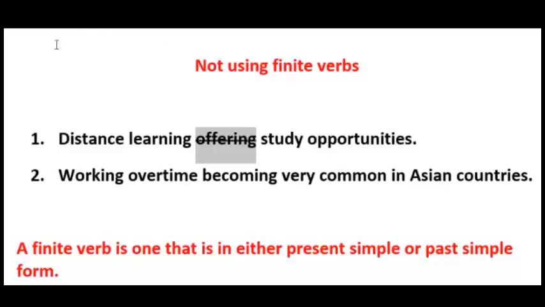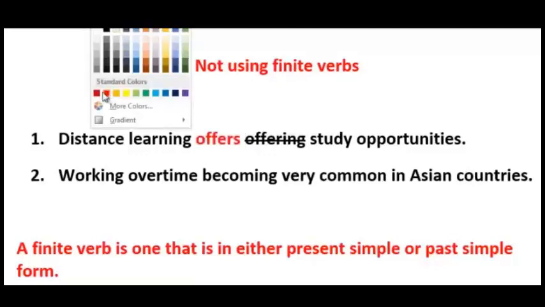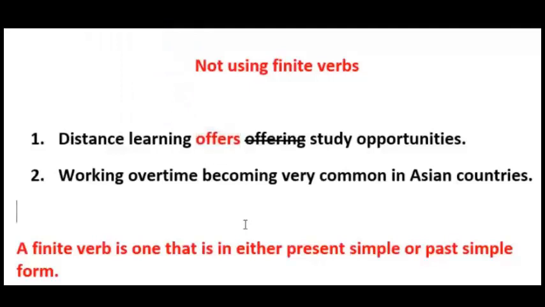So to change offering into present simple, all I have to do is type offers. And remember, I need to make my verb agree with my subject. Here's the subject. If I were to change that into a pronoun, it would be it. So it offers study opportunities.